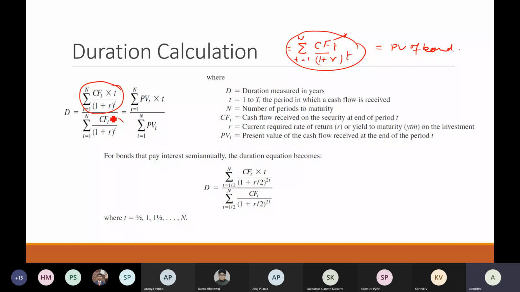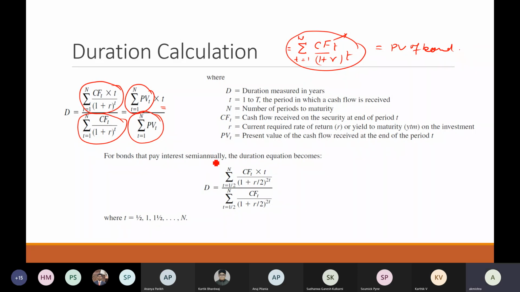And the denominator is also your present value. So basically this is the weight of your present value. This is the present value at a given time divided by the present value of the overall bond, and we are multiplying it by the time period.